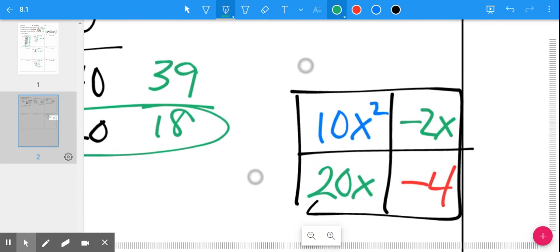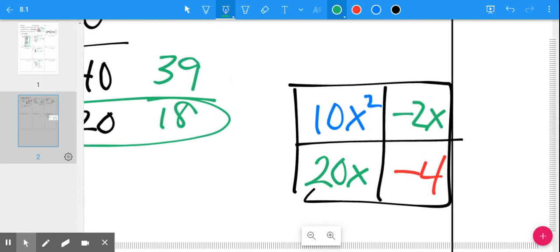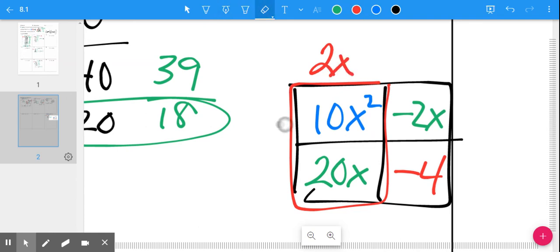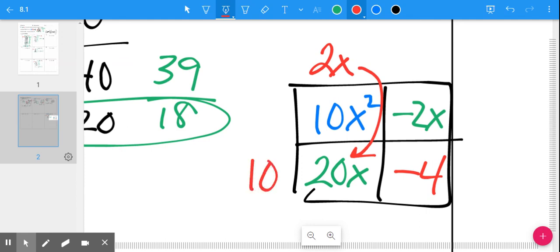So the first thing I notice is that there's a 10 and a 20 right here. I know that 10 times 2 makes 20, so I'm going to put the 2x up here. So then, how do I make 2x into a 20x? That's if I multiply by 10.